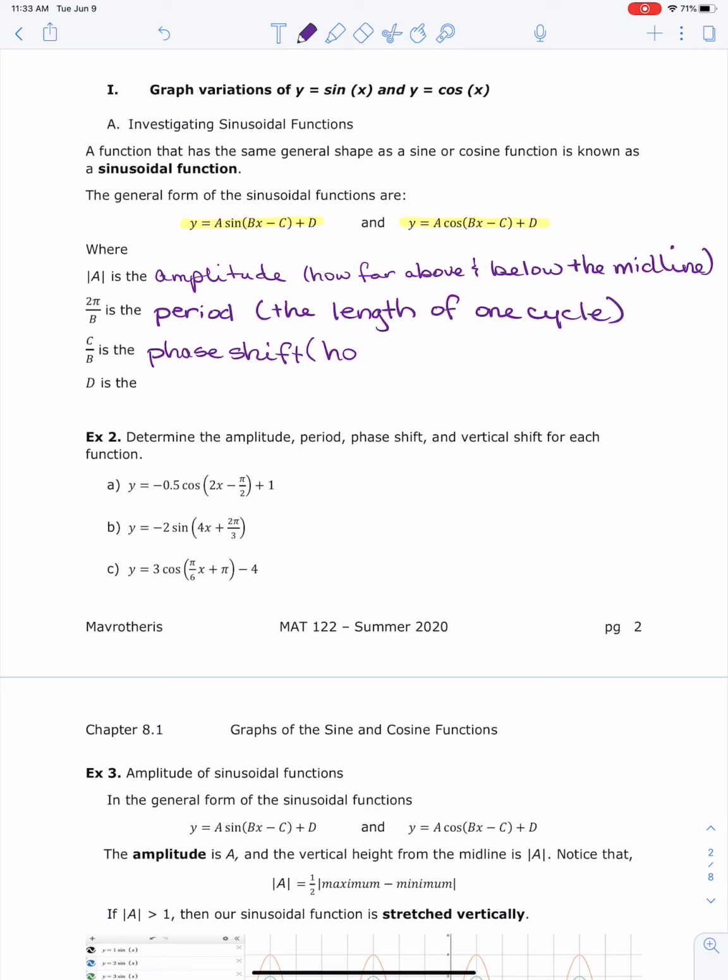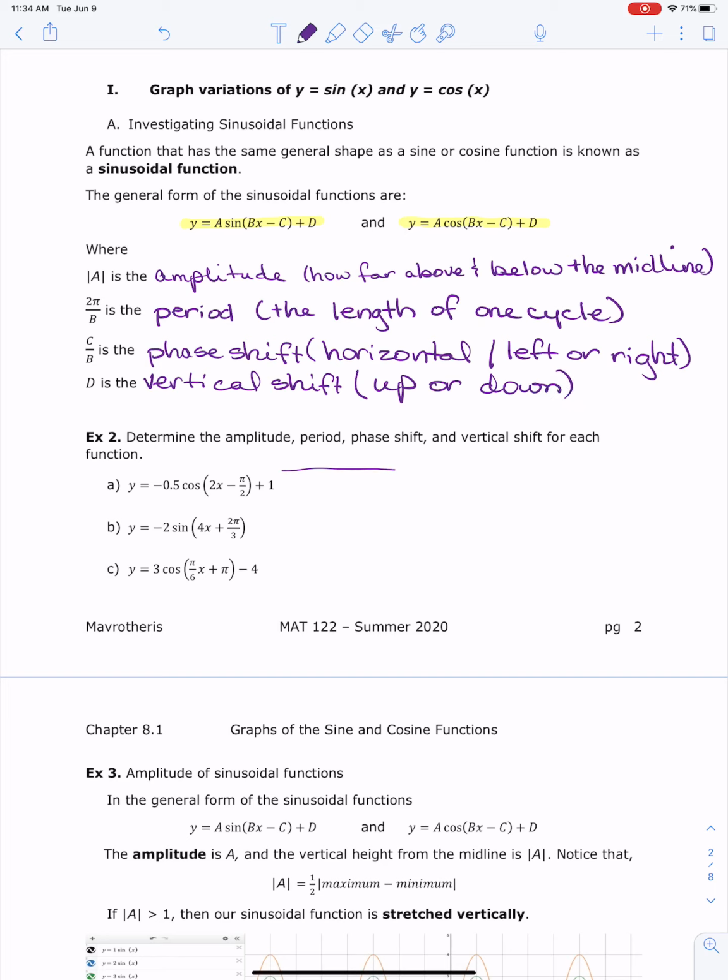That's our horizontal shift. Tells us how far we move our graph, left or right. And then D is the vertical shift. You may remember that from other parent functions. That's how far we move our graph up or down.